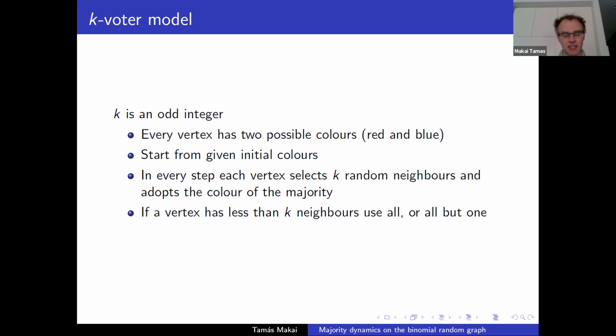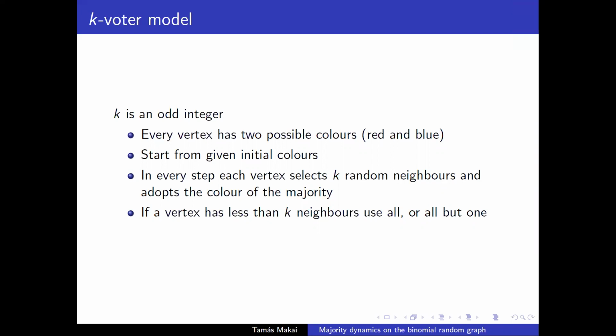Again, one can run this process forever, and the connection to majority dynamics is evident when one takes K to be large. So if K is n-1 or n, depending on the parity of n, where n is the number of vertices in the graph, then the 2 processes match, except in the manner in which ties are resolved.